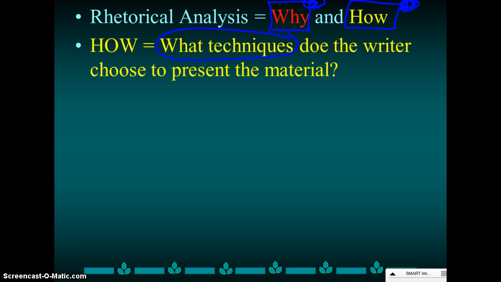Is it an appeal to fear? Is it parallelism? Is it repetition of certain words? Is it certain types of word choice? Is it a certain tone that's being conveyed? So that's the technique that's being used, and that's where you'll actually find evidence, right? That's where evidence will be cited.